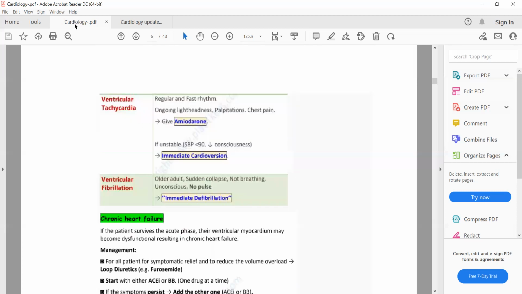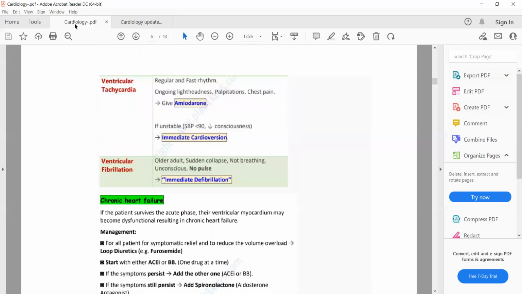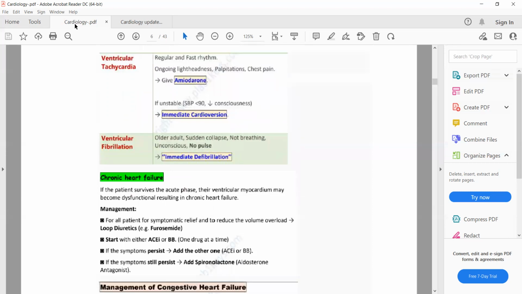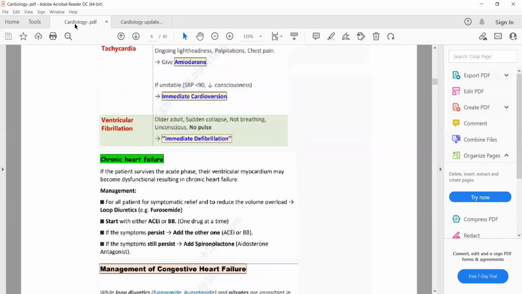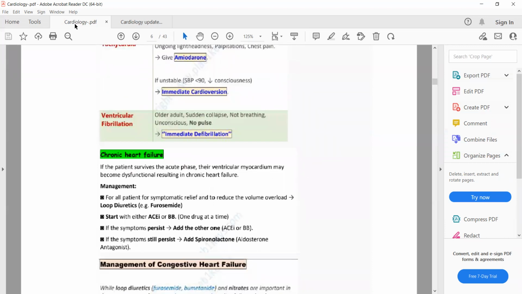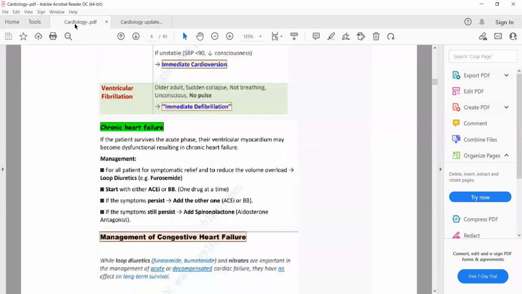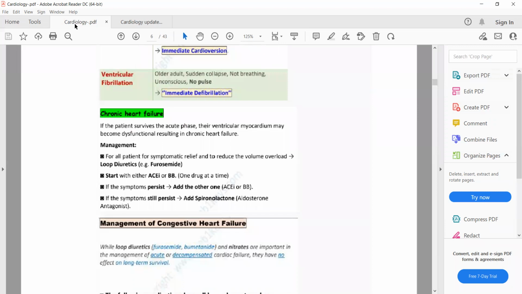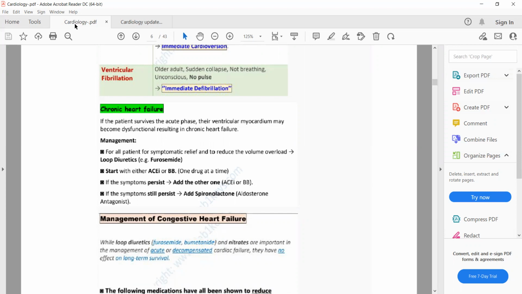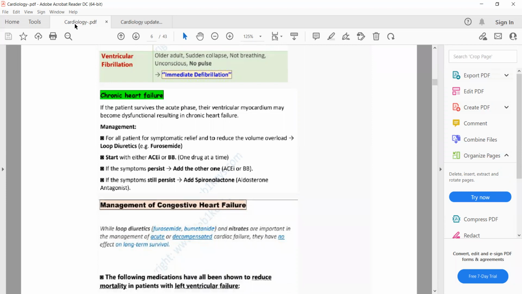Now, some points for the long-term management of chronic heart failure. The long-term management of chronic heart failure includes the same drugs such as loop diuretics if the patient is in volume overload.